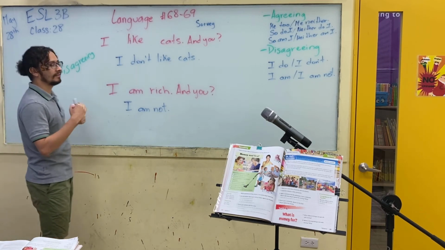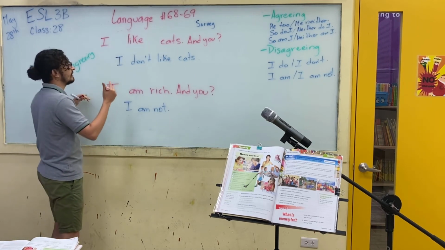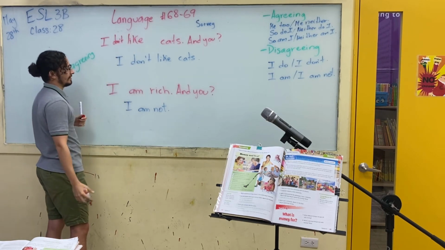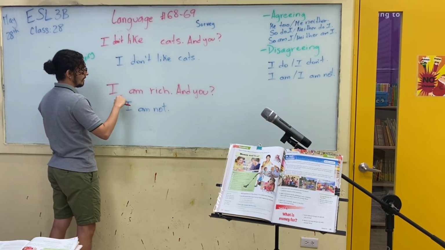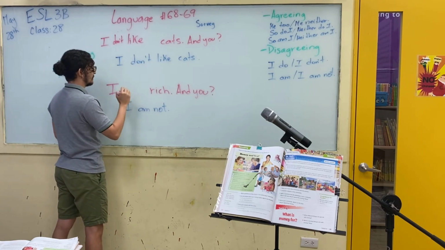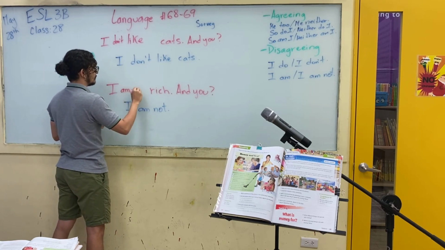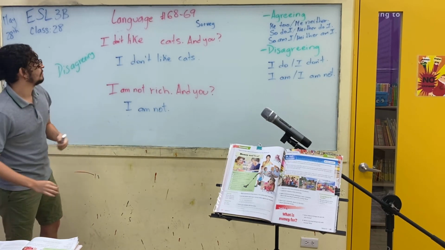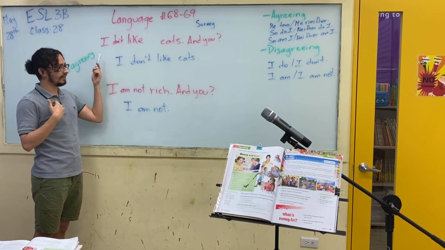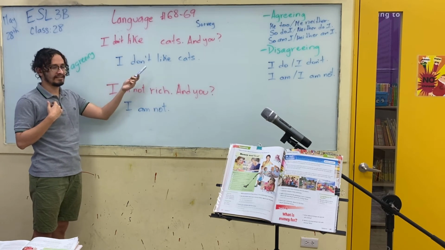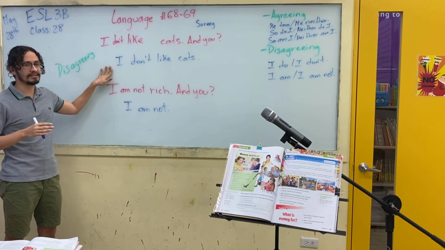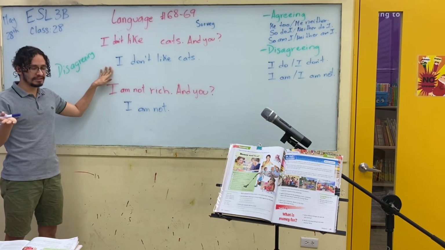But what if the person here says they don't like cats, and I am not rich? So now if I say I don't like cats and you say I don't like cats, we are no longer disagreeing. So if we want to disagree, now it means you like cats.